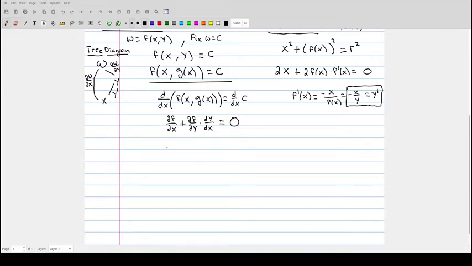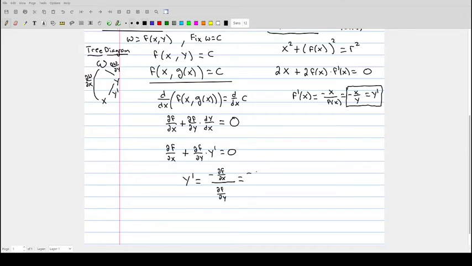Alternatively, you could say that partial f partial x plus partial f partial y times y prime is equal to 0. And if I subtract this term from both sides and divide by partial f partial y, we get that y prime is equal to negative partial f partial x over partial f partial y.